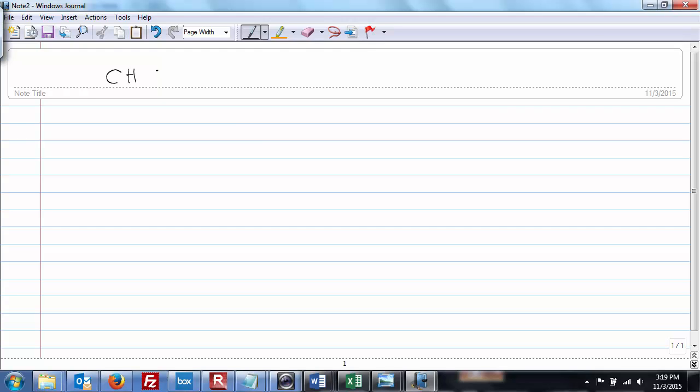Chapter 7. So, pressure. This is actually a pretty good tie-in with the physics we've discussed up to this point. 1 pascal equals 1 newton per 1 meter squared.